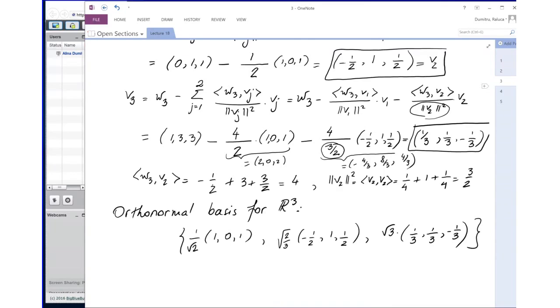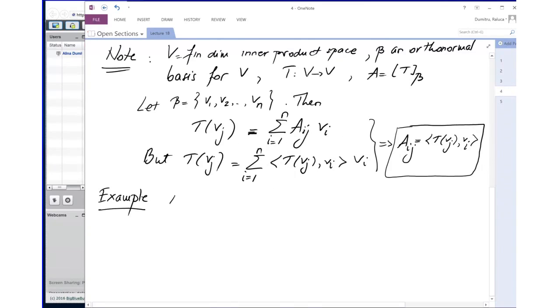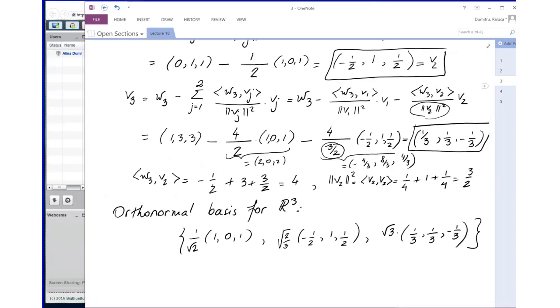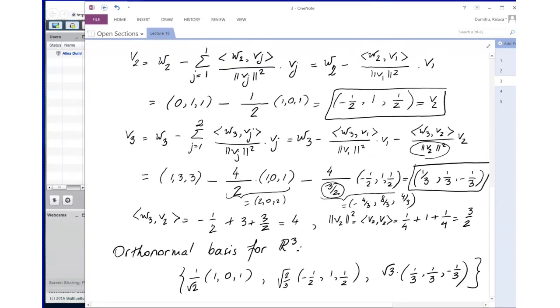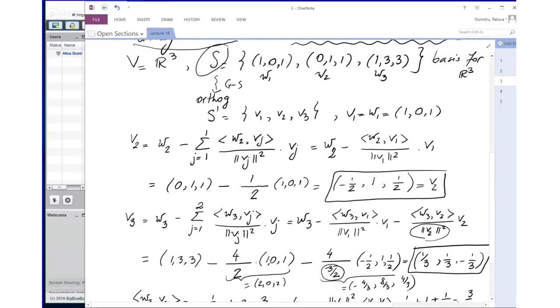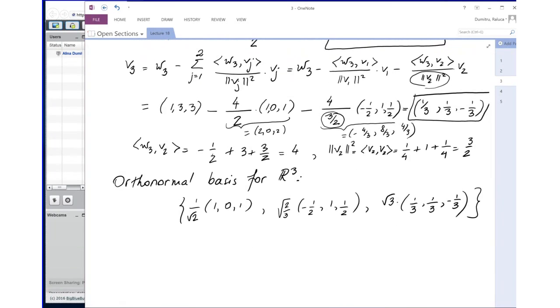So let's say T is a linear operator on R3. Beta is an orthonormal basis on R3. What did we call them? V1, V2, V3? Yeah, or not really.